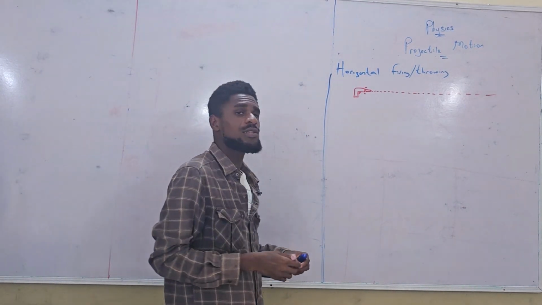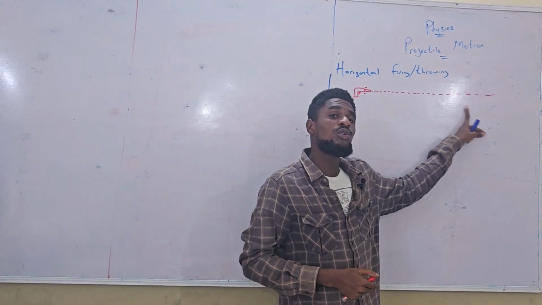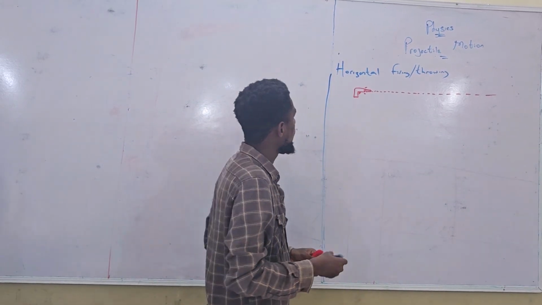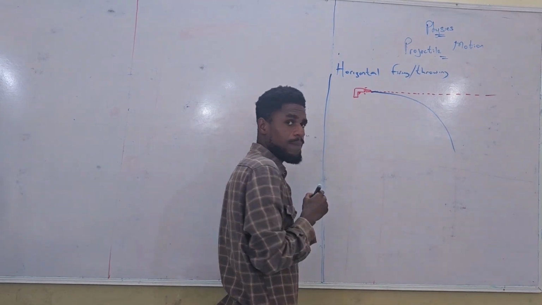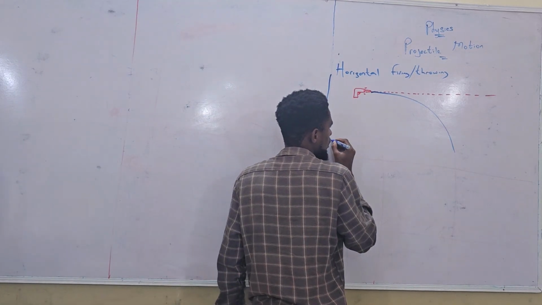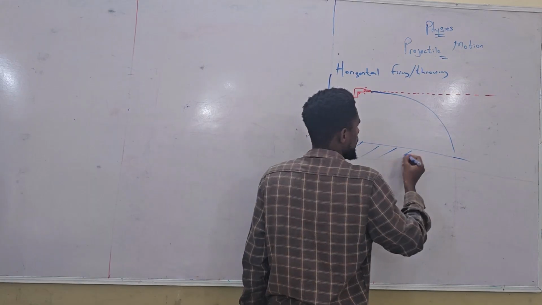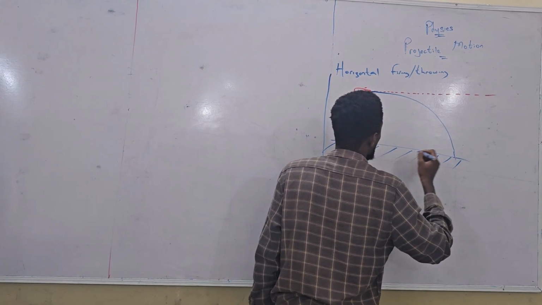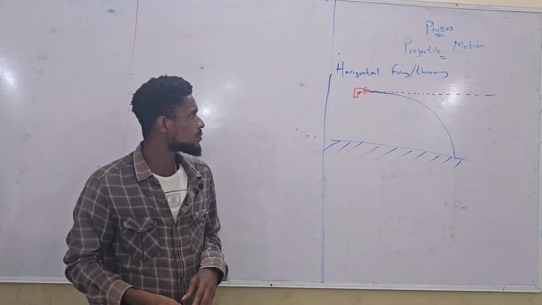But due to the influence of gravity, instead of moving in a straight path, this bullet will move in this parabolic path till it touches the ground. So let's assume this is the ground here. This is the path in which the bullet will move.